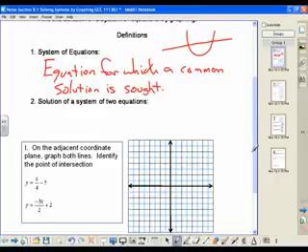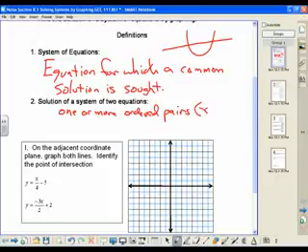All right. So the solution of a system of 2 equations is going to be basically an ordered pair. What we're looking for is one or more ordered pairs. In other words, x, y.